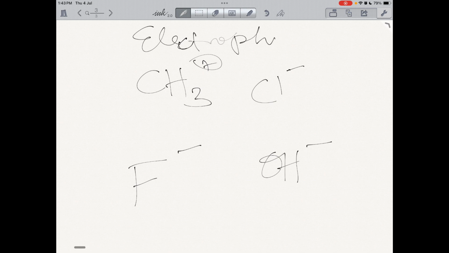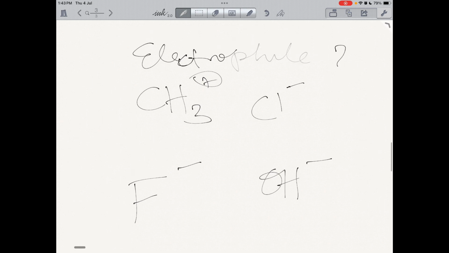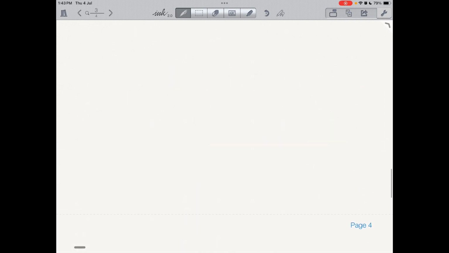Which one of these would you call an electrophile? Of course, this one that is positively charged. Okay, and then just one more.